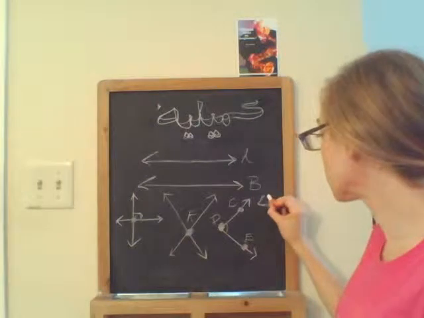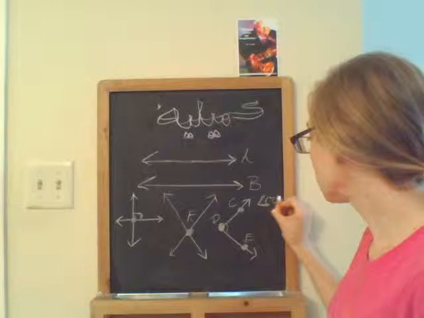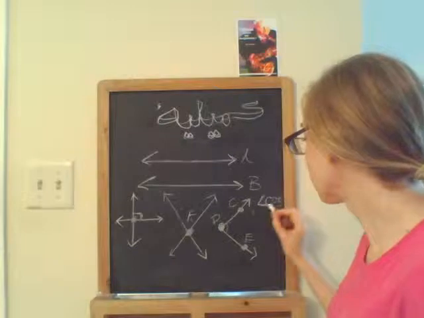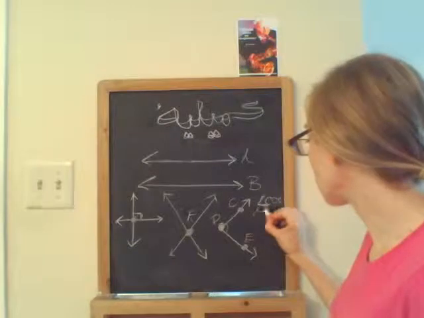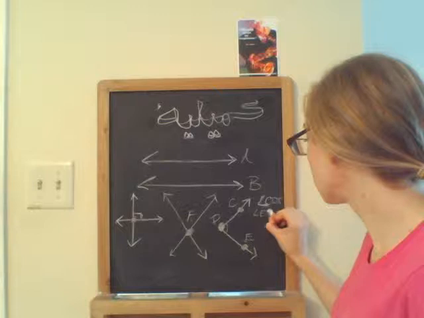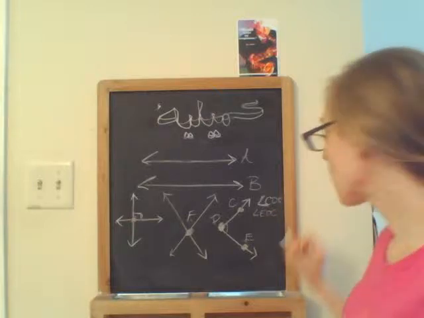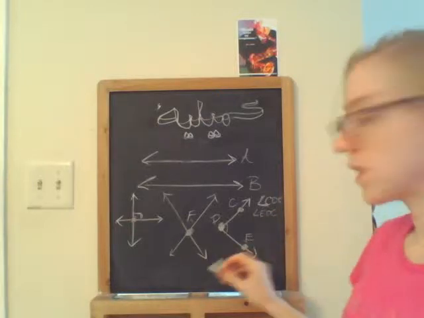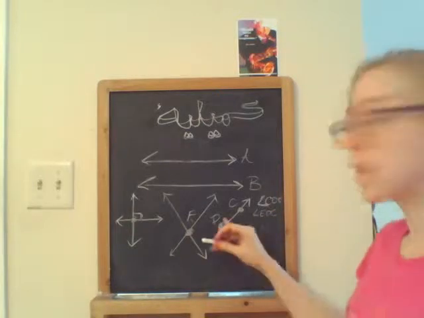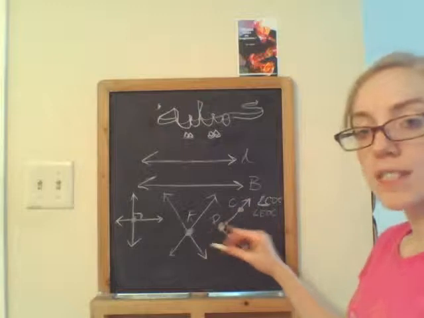And we can call this angle CDE. We can also call it angle EDC, because here you have this property where you can reverse the name.